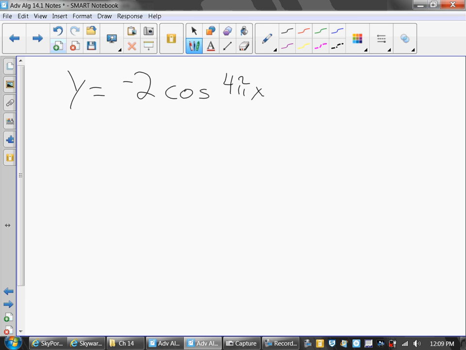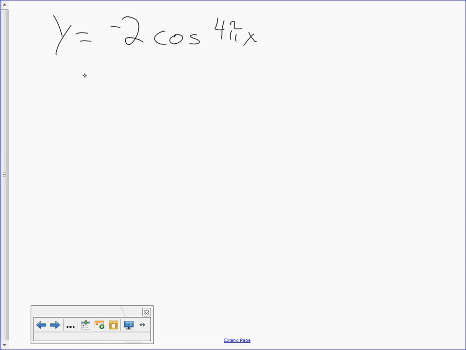Not necessarily. In the last few examples we've done, B was always just an integer. Sometimes B could have a pi in it, sometimes it won't. So just like we did earlier, what do you think your first step is? Identify everything. You identify your A value, you identify your B value. A is -2. B is 4 pi.